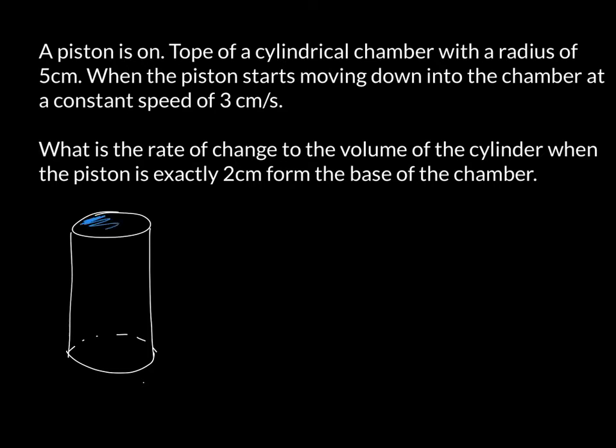So imagine the piston's all inside here right now. Now what's happening is this piston is moving down the chamber, all right? So what we are looking for is what happens when the piston is exactly 2 centimeters from the base.